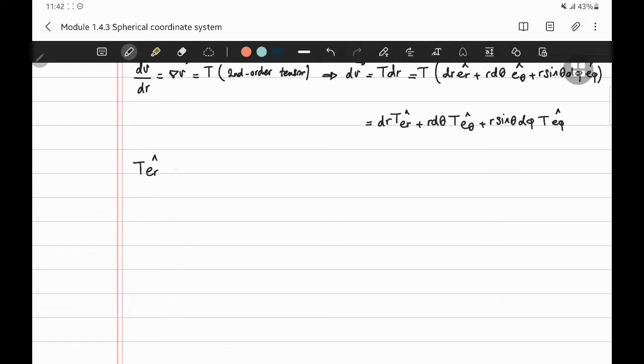So you have T e r is T j r e j, where j is basically r, theta, and phi. So you have this as T r r e r plus T theta r e theta plus T phi r e phi.